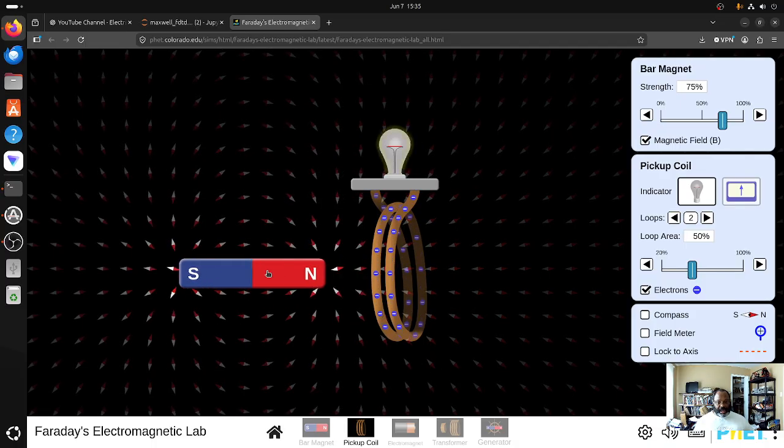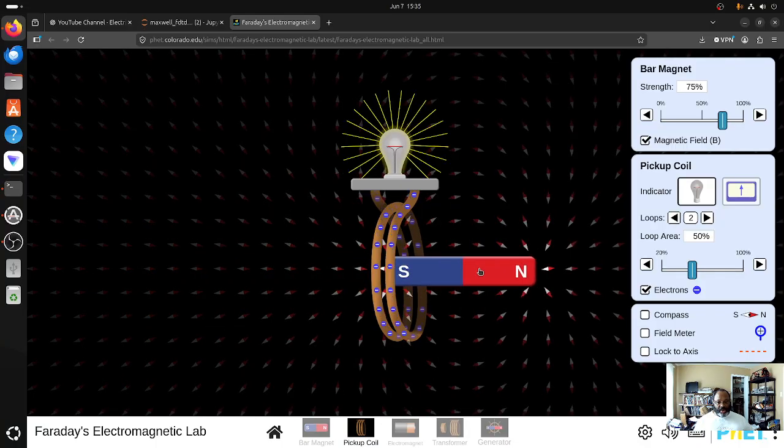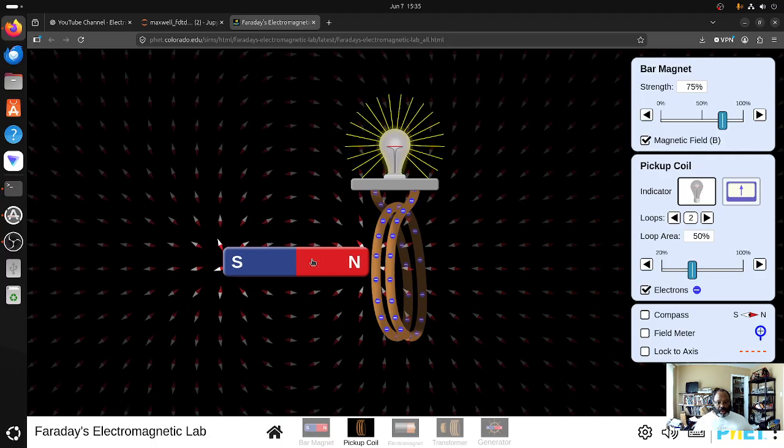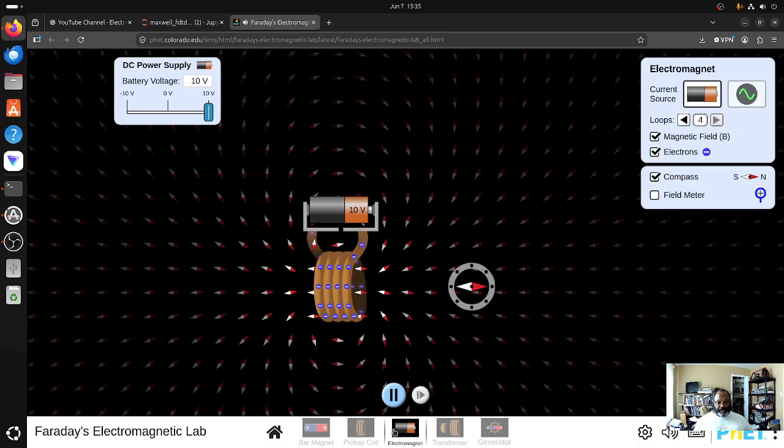We can see how the field of the magnet is changing too as I move this magnet back and forth.